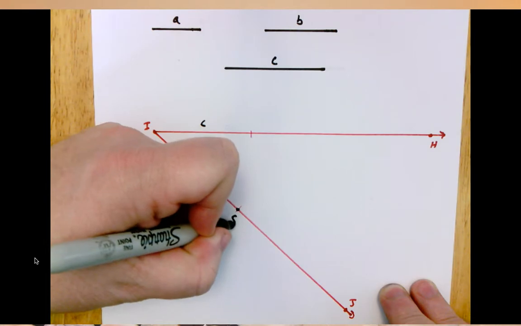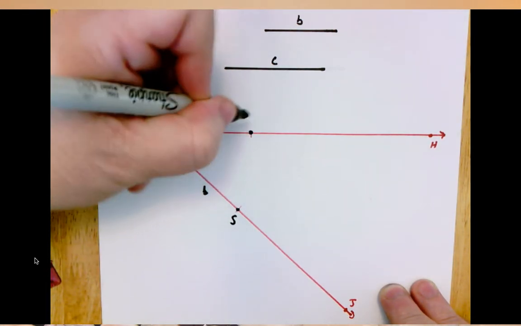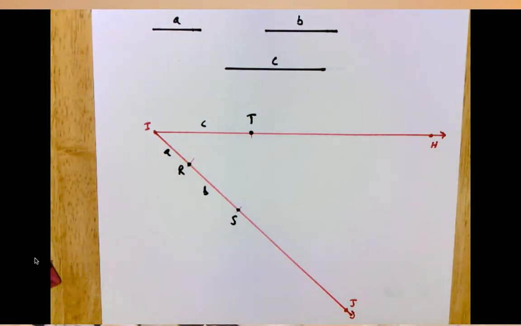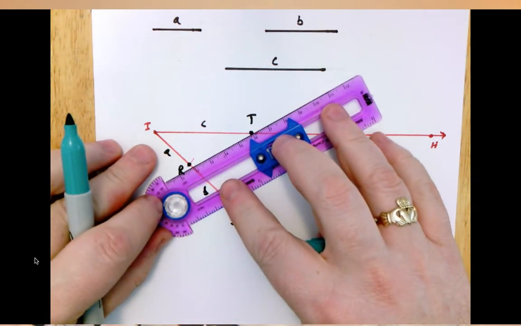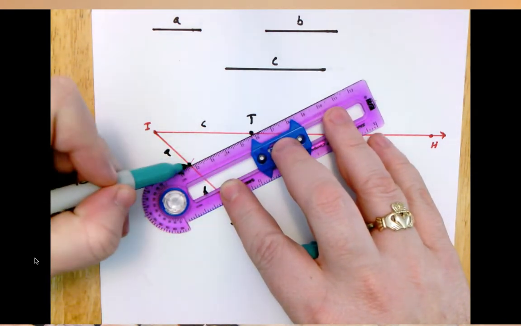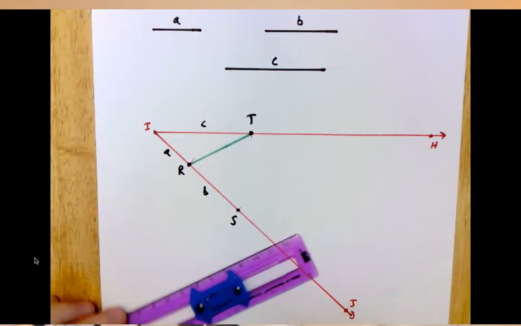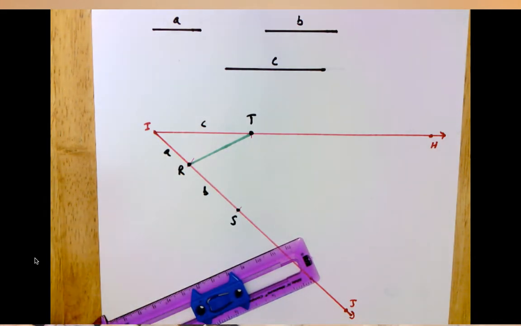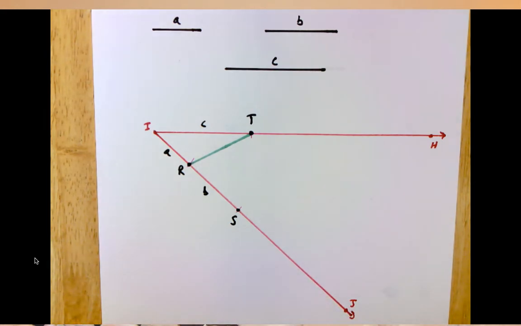This is point S, and this is point T. So we now need to connect from R to T a segment, and we're going to make another segment that's parallel to RT starting at point S, okay, using construction number 4 to make parallels.